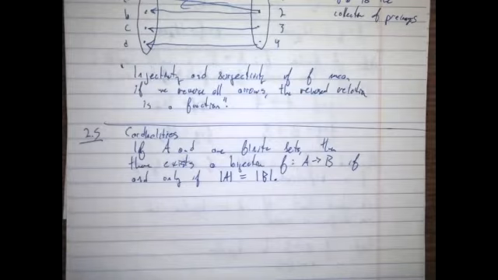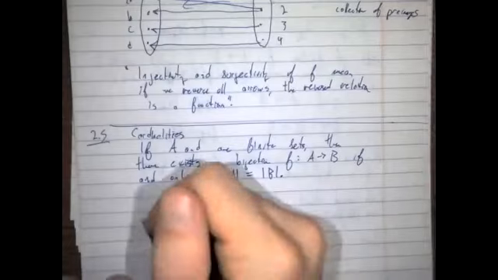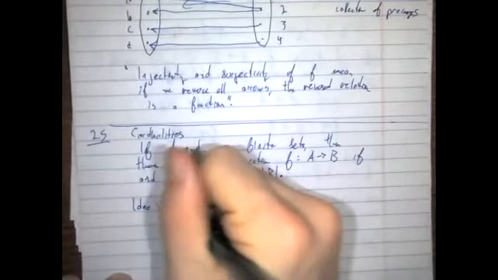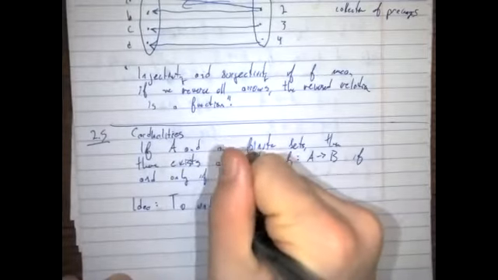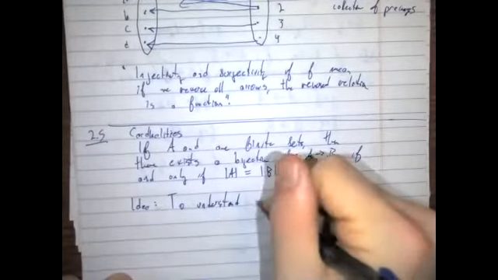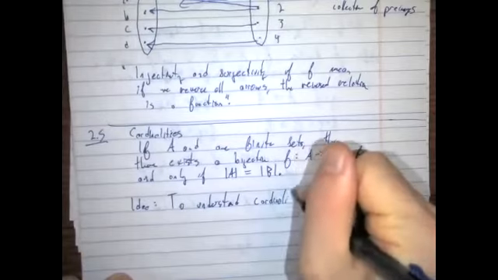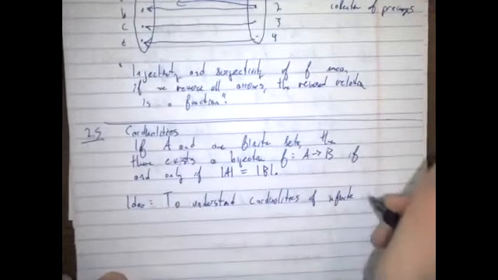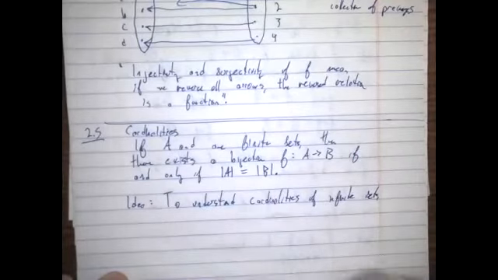Okay, so the idea to understand cardinalities of infinite sets, we should use bijections.